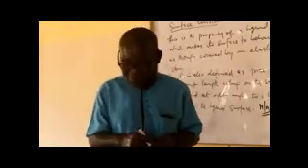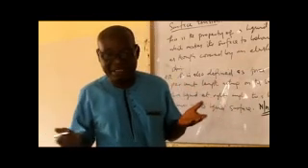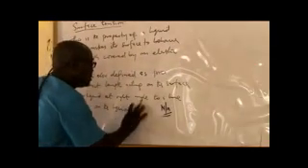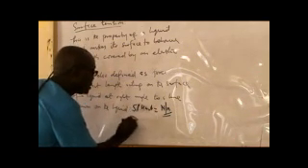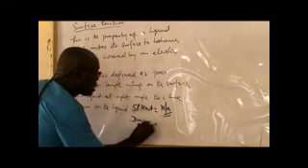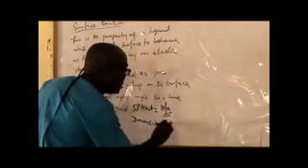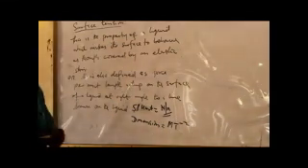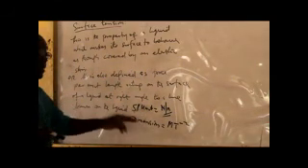Dimension, we have done that in first term, dimensional analysis. The dimension is M T to the power minus 2. M stands for mass, T stands for time. So know these two, unit and dimension.